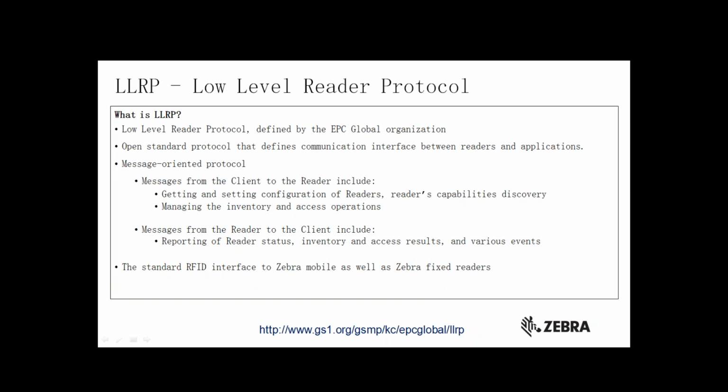I'll talk in a second about this from an application development perspective. You can create your application so that it goes directly to the LLRP protocol layer, or uses the Zebra layer and goes through that. And we'll also look at why one would be advantageous versus another.